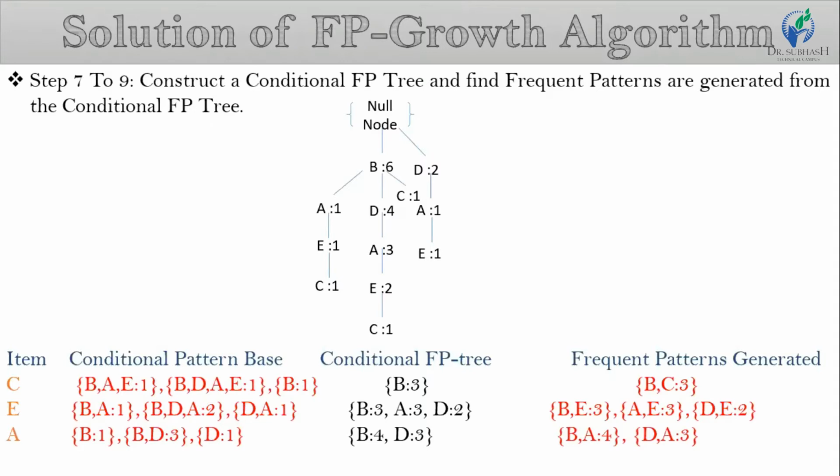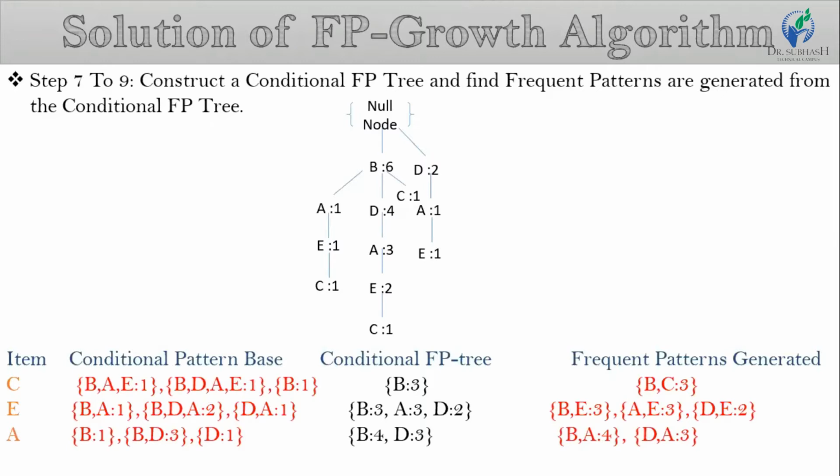This forms the conditional pattern base. So the answer is B: 4 and D: 3. So this path will generate all the combinations of frequent patterns. So the frequent patterns are B, A: 4 and D, A: 3.